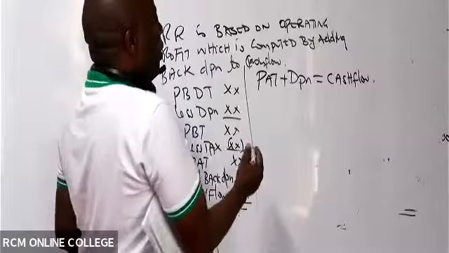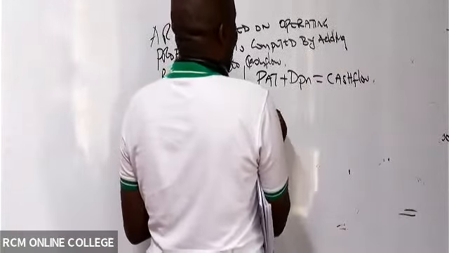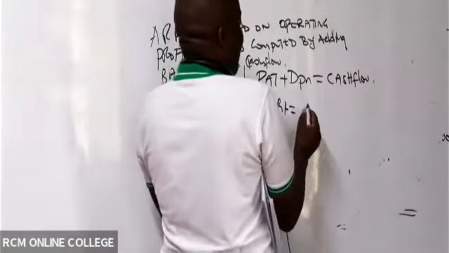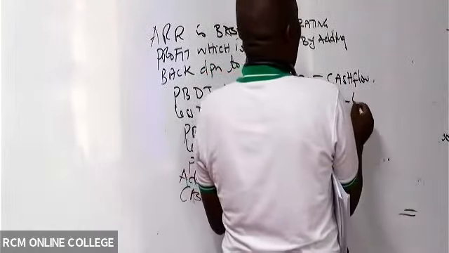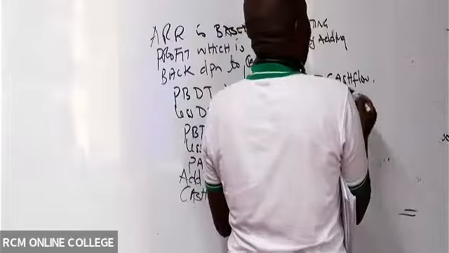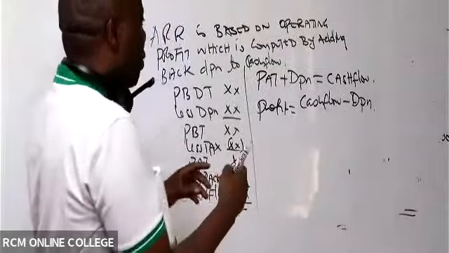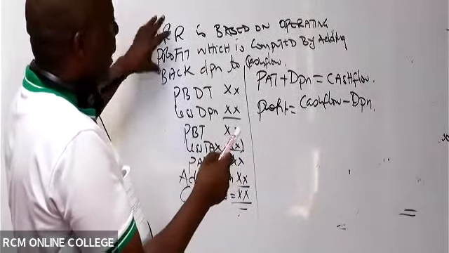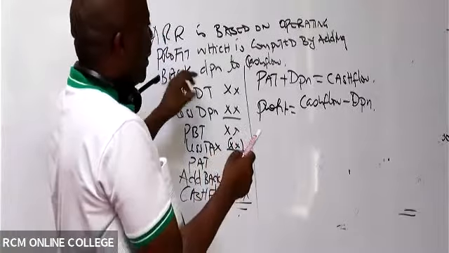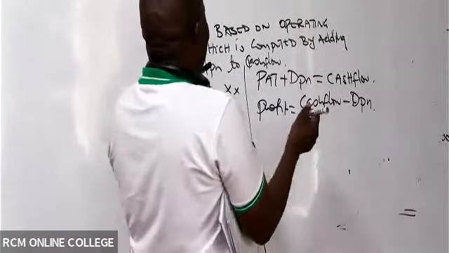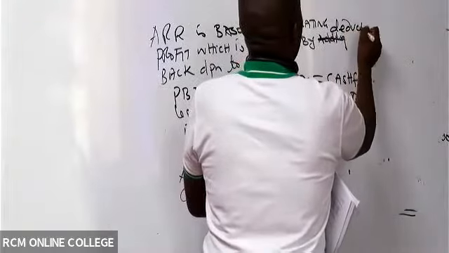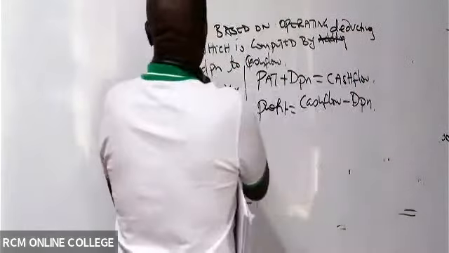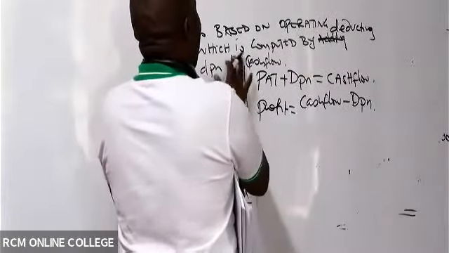So to get profit, you take cash flow and you less depreciation. So please change this slightly: ARR is based on operating profit, which is computed by deducting depreciation from cash flow.